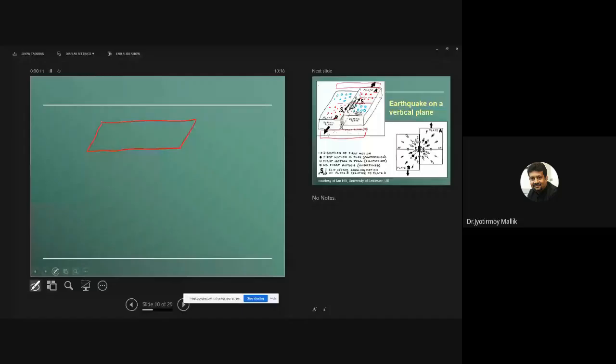Now, suppose this is my ground surface. Okay, this is my ground surface. That means I can denote that with some trees, maybe. Here is my ground surface.